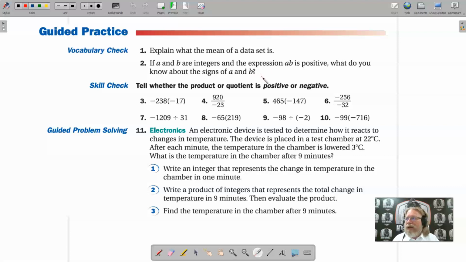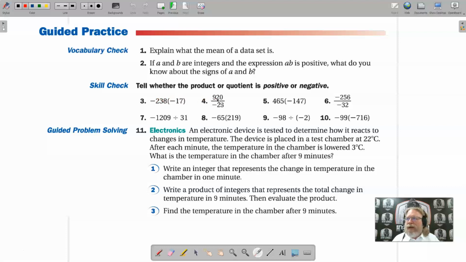Here, tell whether the product or quotient is positive or negative, so we don't have to calculate it. We just have to tell whether they're positive or negative. Here we have a multiplication problem with 2 factors. Both factors are negative, so that means same sign. The product would be positive.